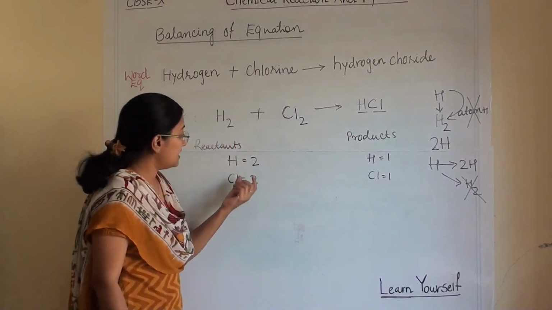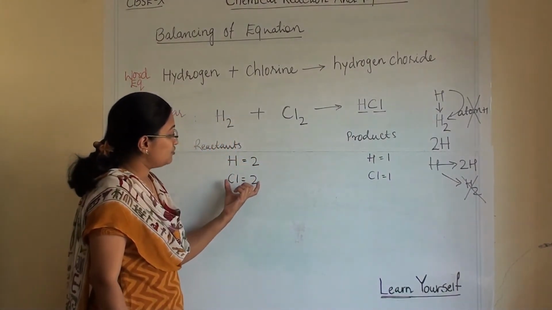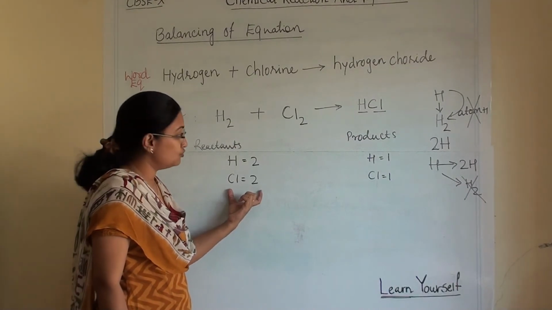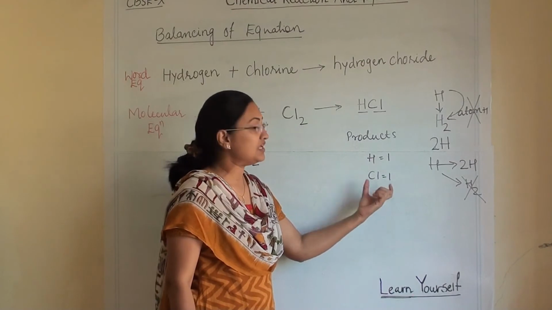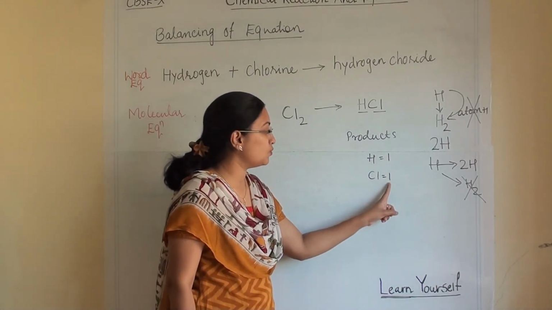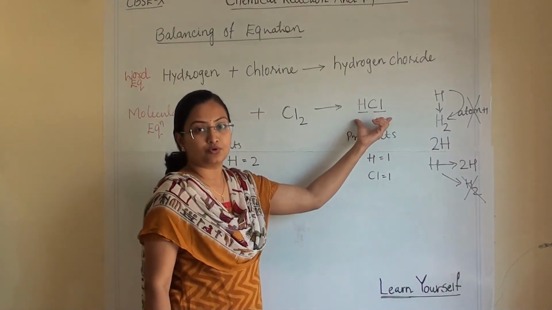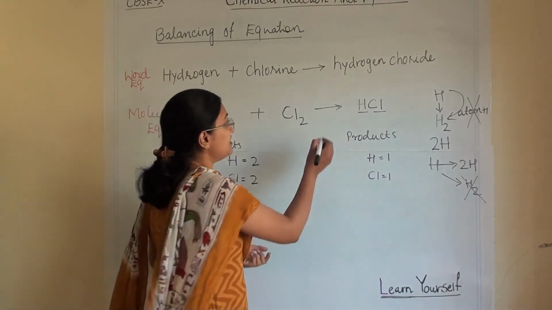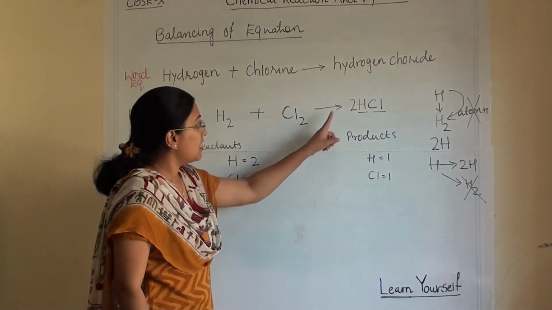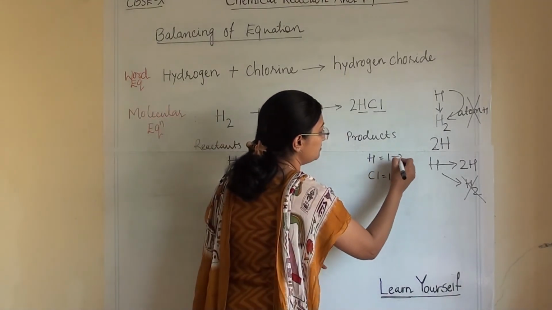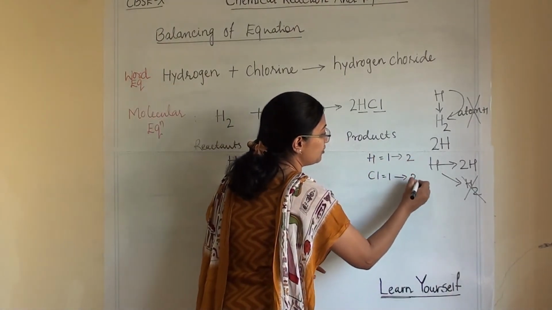So now you can see that hydrogen and chlorine are 2 on the reactant side, whereas hydrogen and chlorine are 1 on the product side. So we need 2 hydrogen and 2 chlorine in the product. If we write 2 here, then hydrogen will become 2 and chlorine will also become 2.